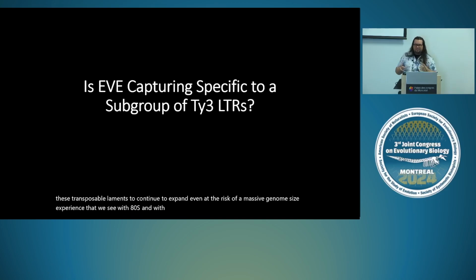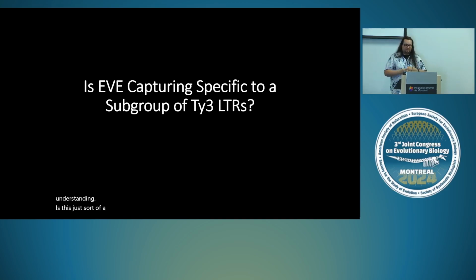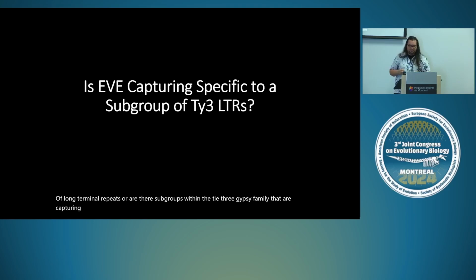So our group was interested in understanding, is this just a blanket feature of long terminal repeats, particularly the Tai3 family of long terminal repeats? Or are there subgroups within the Tai3 gypsy family that are capturing these sequences?